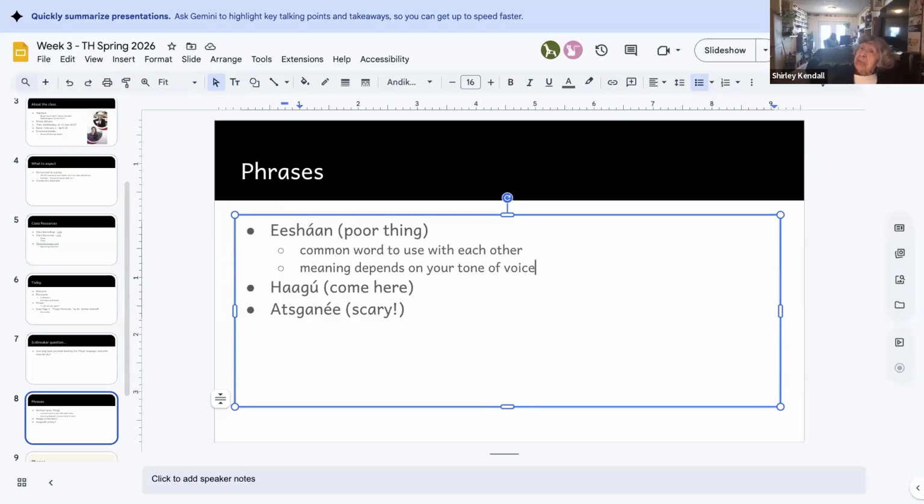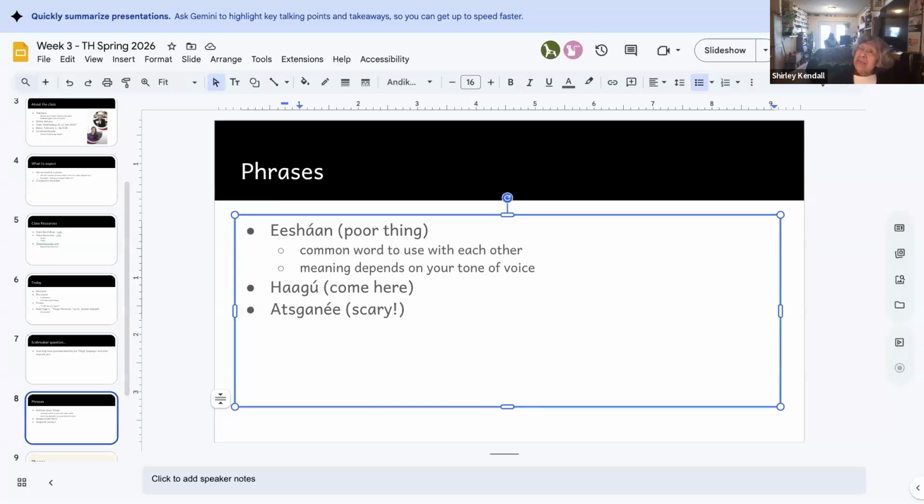It could even be a short thing like, oh, Ishan. Sometimes I remember my mom used to use it like that, in regards to other people or even animals.